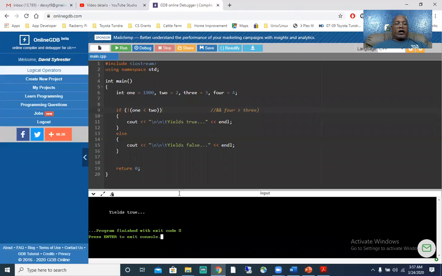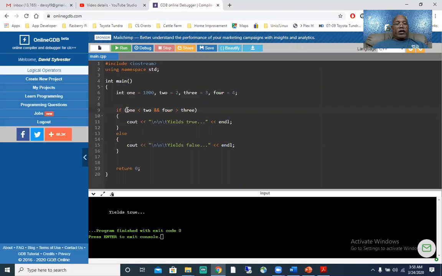Looking at online GDB, if we go back and take this off, and take our not off so we're not so confused, we look at this. We say if 1 is less than 2 and 4 is greater than 3.